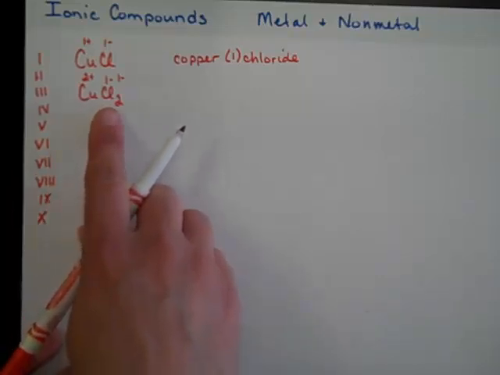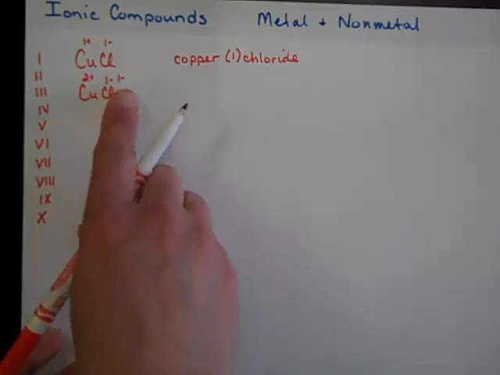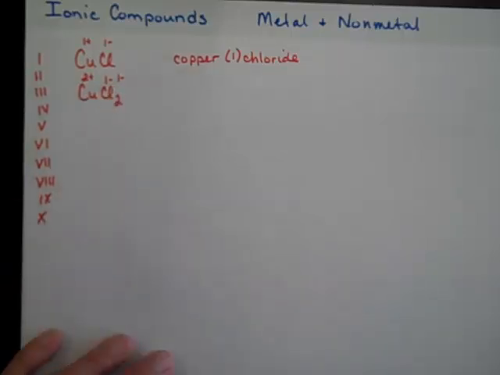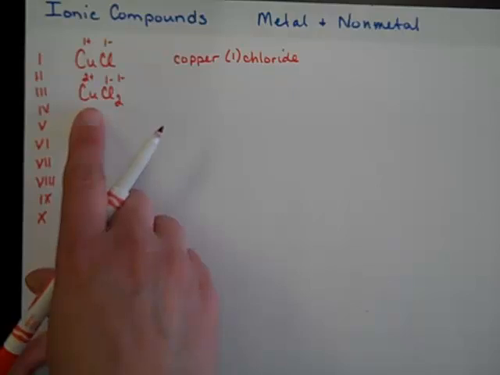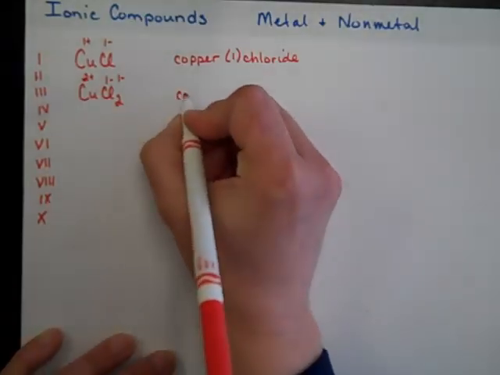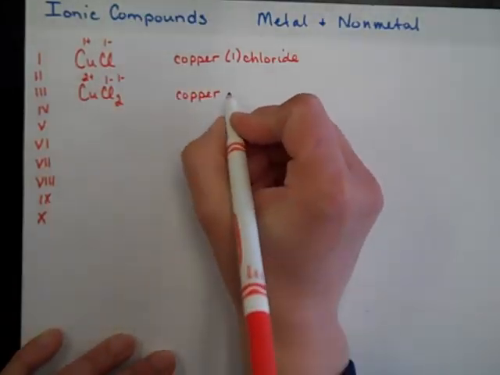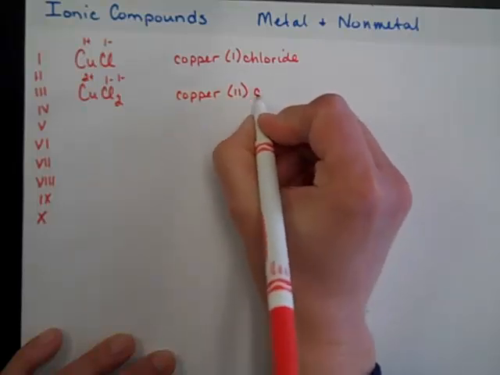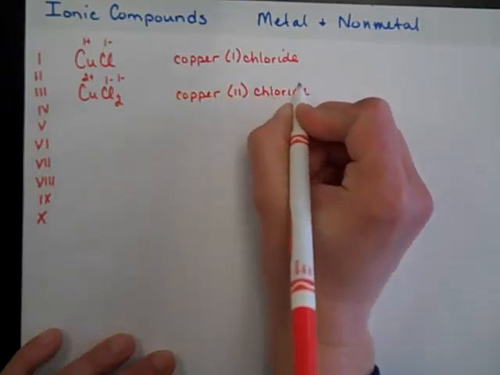So since we have a -1 chlorine and there are 2 of them, we have 2 total negatives. So if we only have 1 copper, then the charge on that copper is +2. So we're going to write that copper (2) chloride.